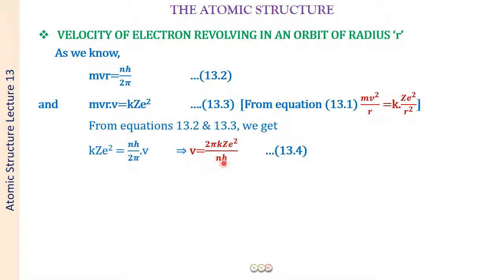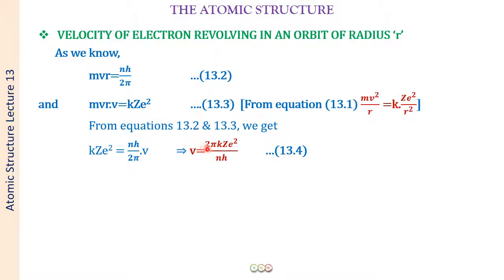Right? So now first of all, you should know how we have got this. And next, the thing we can see over here is that Z, the atomic number, is going to change for every element. And then we have n, that changes according to the number of the orbit in which the electron is. The rest, 2 pi k e square h, they all are constants.